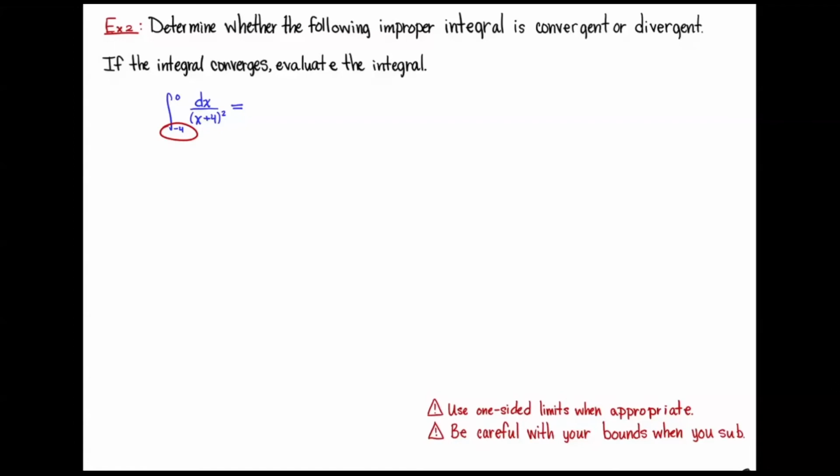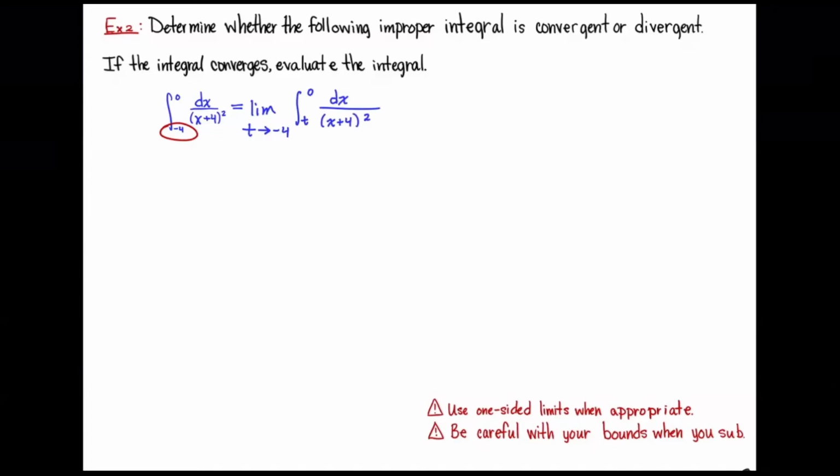And the first thing we need to do is rewrite it with our limit notation. The limit as t approaches -4 of the integral from t to 0 of dx over x plus 4 quantity squared.